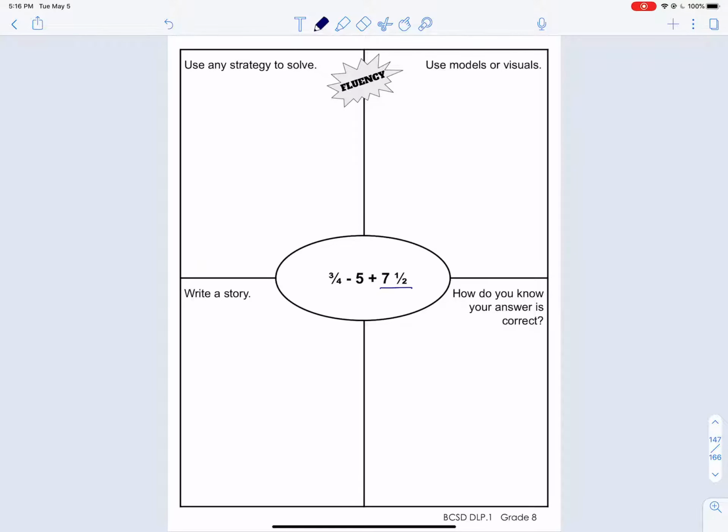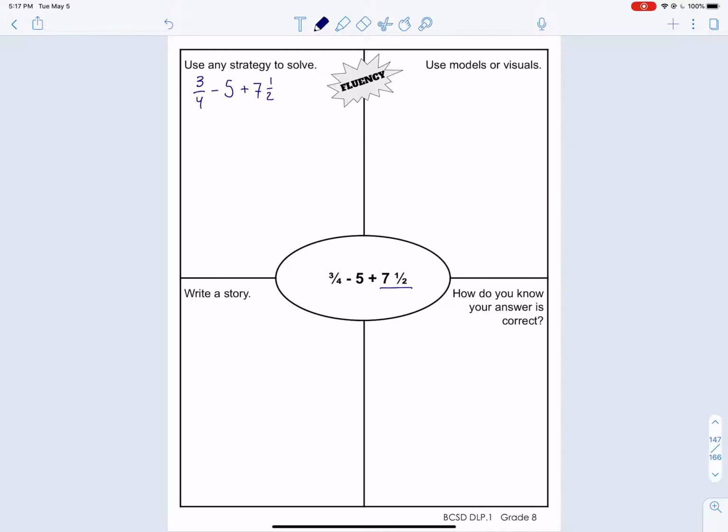So let me rewrite it. 3/4, I'm going to write as a stacked fraction, and then minus 5 plus 7 1/2. We have fractions, mixed numbers, and integers, so we need to rewrite all these as the same type of number.